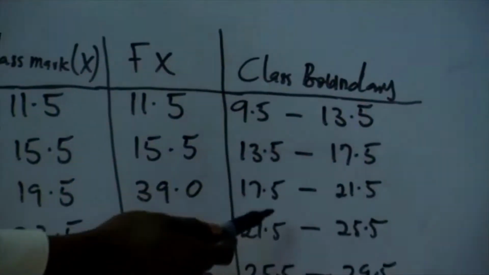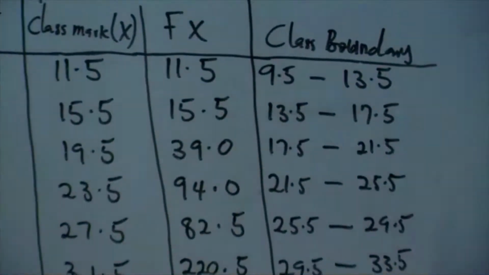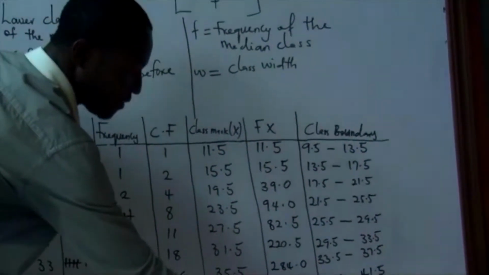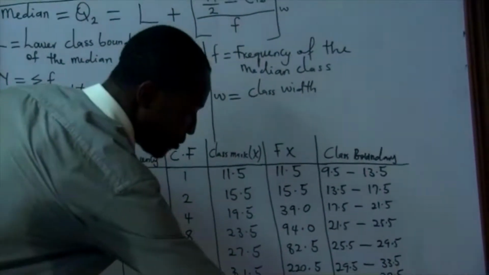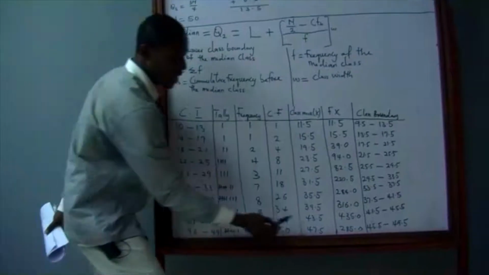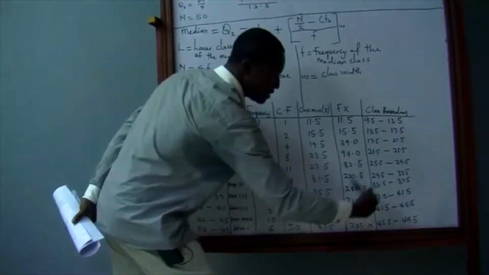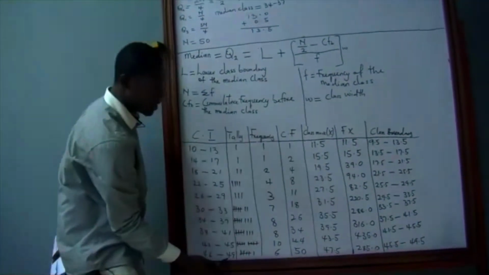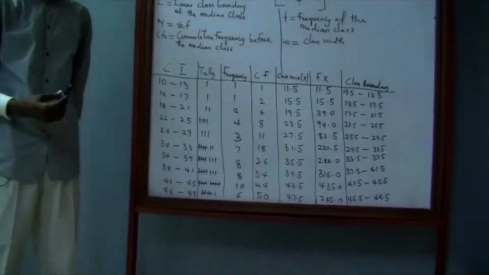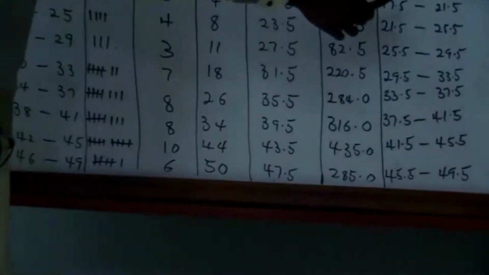So this starts with 21.5, then to 25.5. Then we keep going up to 45.5 to 49.5. Since this is 46, if I remove 0.5 from 46, I have 45.5. I add the 0.5 to 49, it gets 49.5. So that gives us the class boundary.